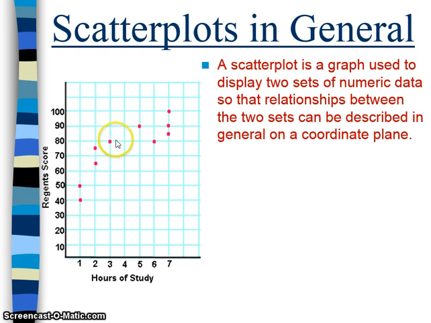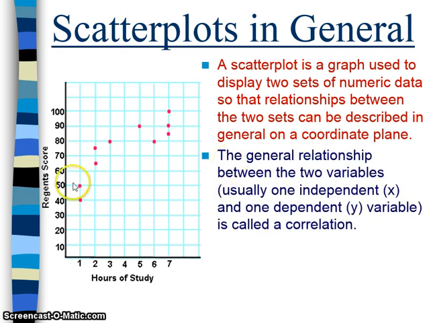They are not connected because each dot represents one person or one situation or one link between the two variables, depending on what type of questions are being asked. Since this is hours of study and a score on a test called the Regent score, we can assume that one of these dots represents one person, how much they studied, and the score that they got.